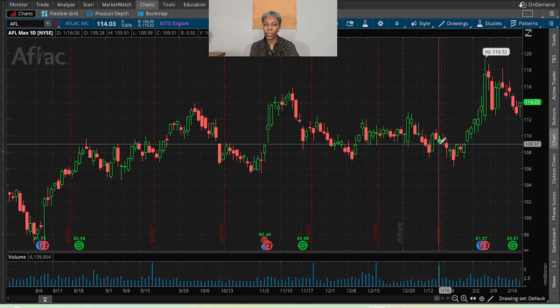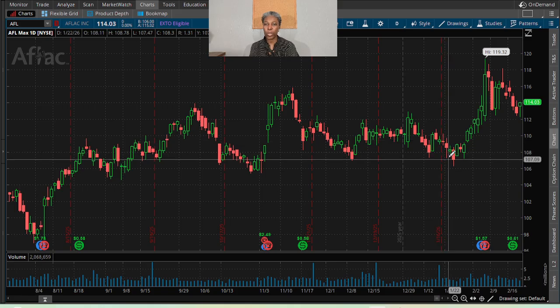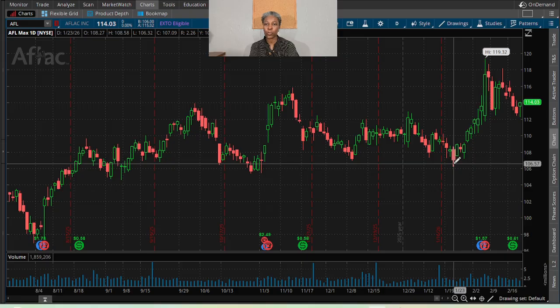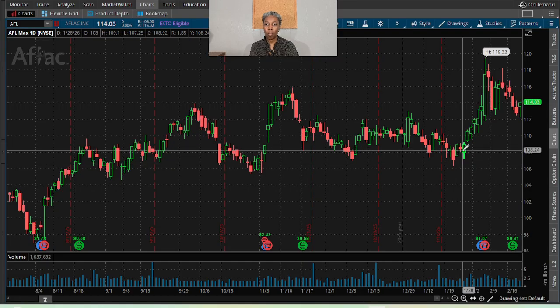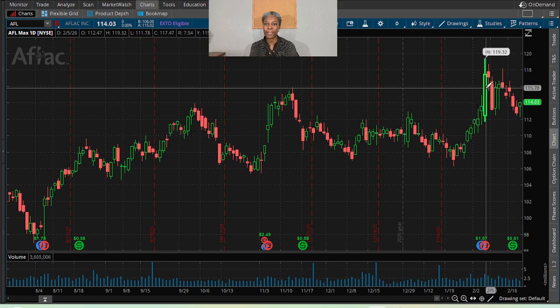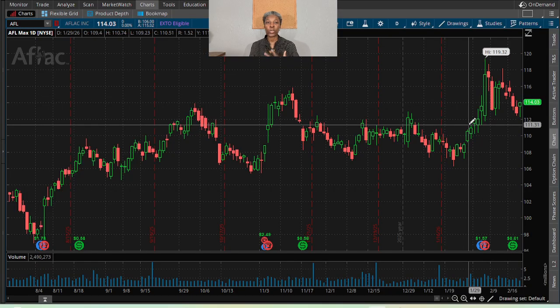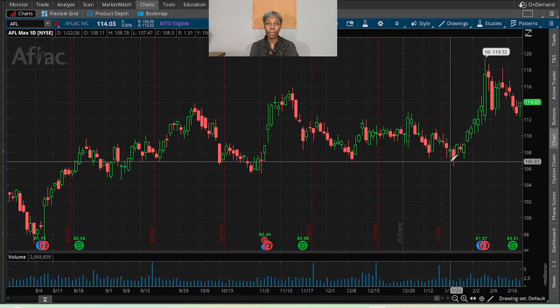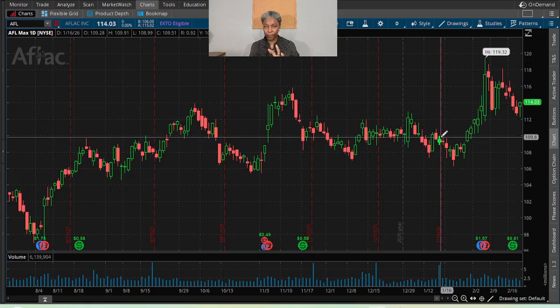So the price went up here, we have 2 days of pullback, the price went up 1 day, 1 day of pullback, the price went up 1 day, 1 day of pullback, the price went up 7 days. So that is how I determine my pullback. Those are just by bar right there.